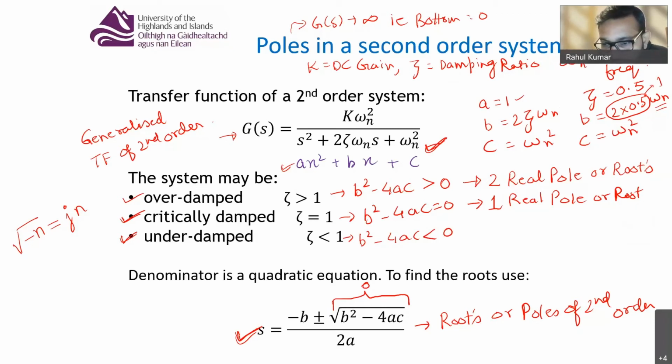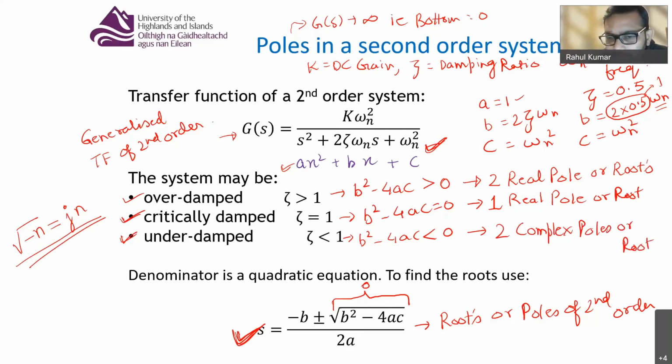If we look at the formula again, within the square root I have a negative value. And that negative value within the square root means I will get imaginary numbers, or I can say I will get two complex poles or roots.